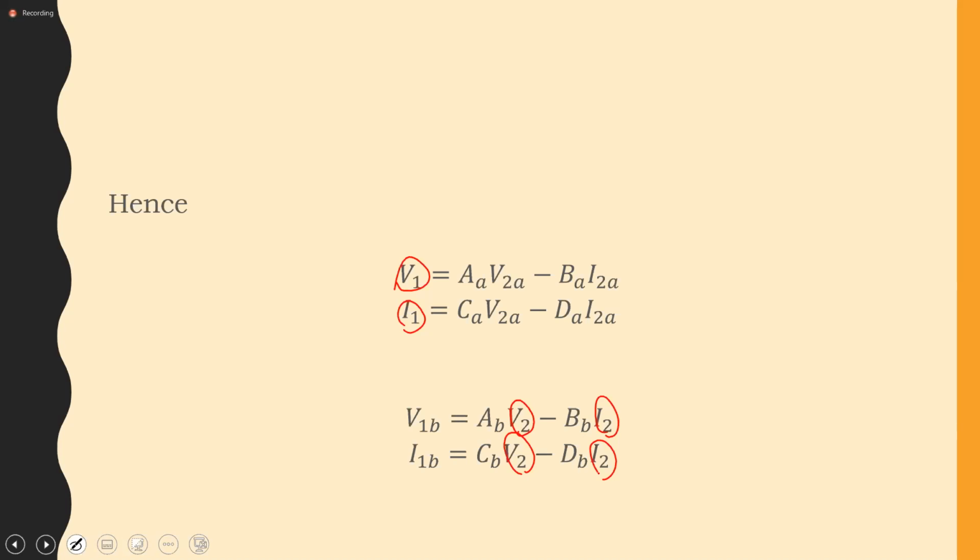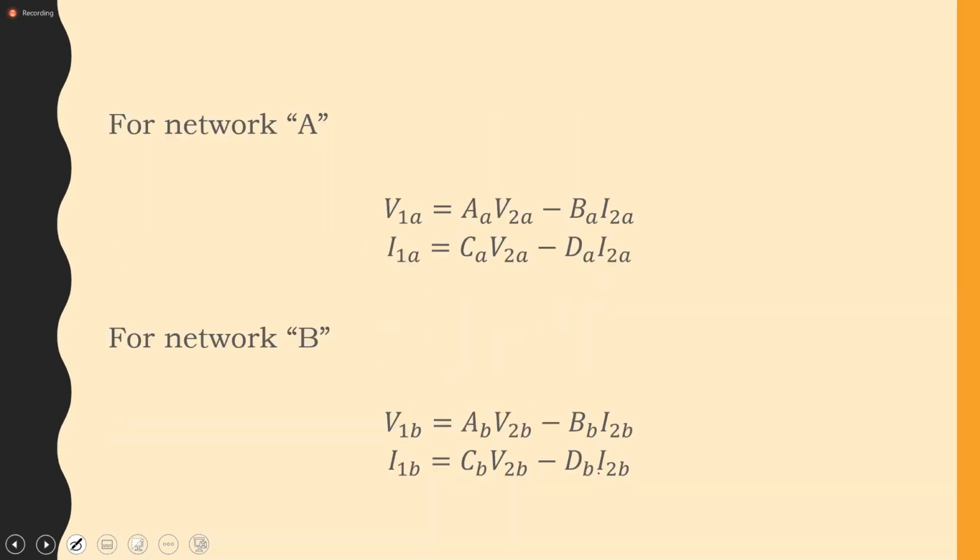Now, before I make the other substitutions, I want to go back to the network so that we are all clear as to what is about to happen. All right. So let's go back to the network briefly.